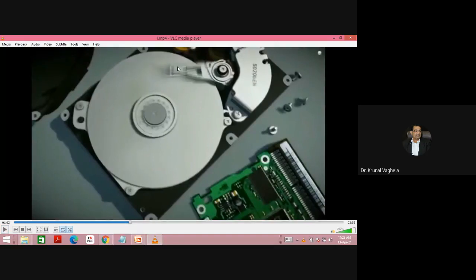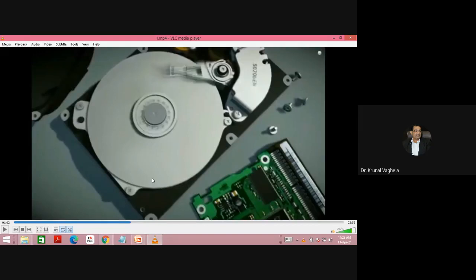See, now you can see that this arm is moving from this to this. So this is seek time, because if your data is here, then your arm needs to move here. If your data is at the outer part, then your arm needs to move out. So this is seek time. Now consider your data is here. Now your arm cannot come here.